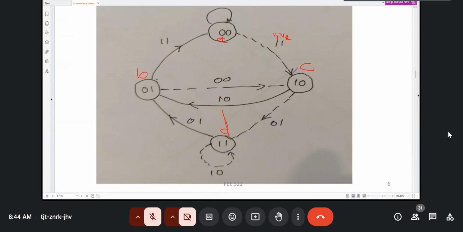There must be a way of showing this is a 1. Otherwise, you could simply write the input. We just show in a state diagram, if the input is 0, you have a continuous line. If the input is 1, you have a dotted line. And we are going to use the same convention with the trellis.